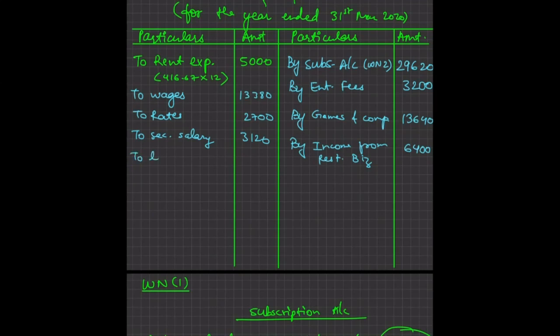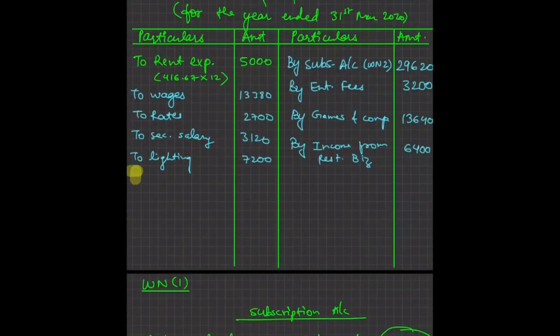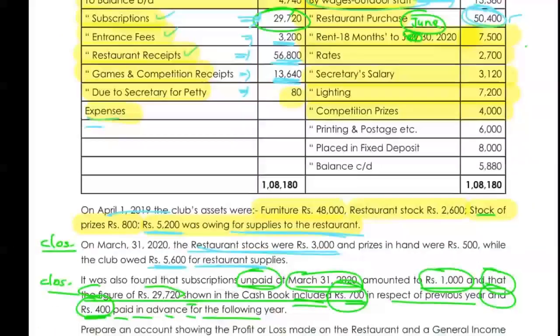So to lighting 7,200. Then we have competition prices of 4,000, and we have some stock also of competition prices. Okay, so to competition prices, it was of 4,000, and there was some stock also which was given.